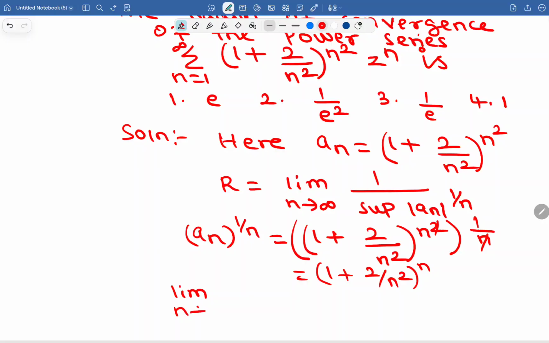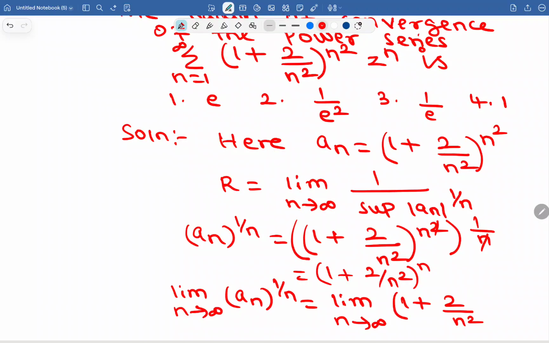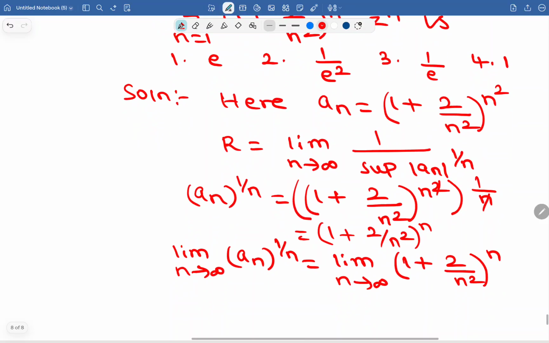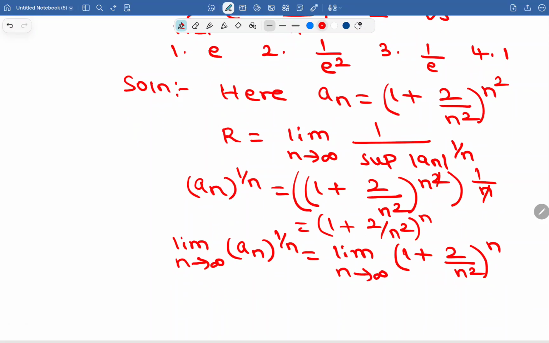Now find limit n tends to infinity an power 1 by n, limit n tends to infinity (1 plus 2 by n square) power n. This part becomes 0 if you substitute limit for n tends to infinity. This part becomes infinity, this part 0. It is of the form 1 power infinity.